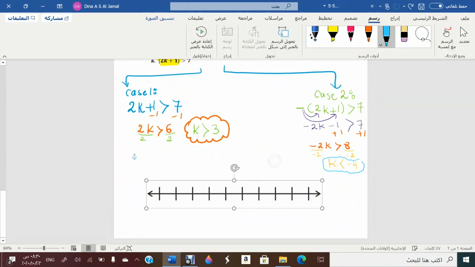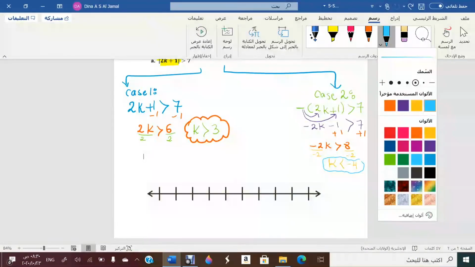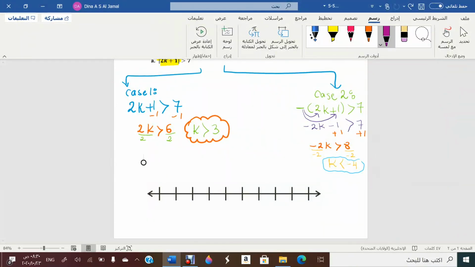Now let's graph the solution set together. So as you can see, both of the solutions don't have equal. So do you think we will be having open or closed circle? Think about it. Excellent. We should have open circle or open point. So let's put 0, 1, 2, 3, minus 1, minus 2, minus 3, and minus 4.